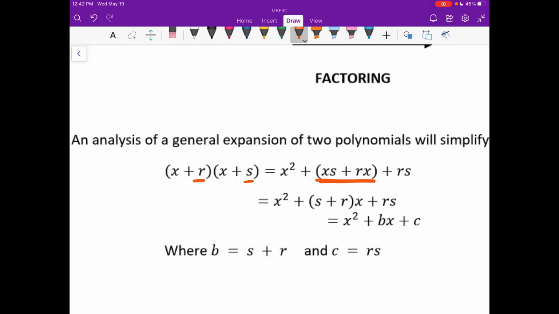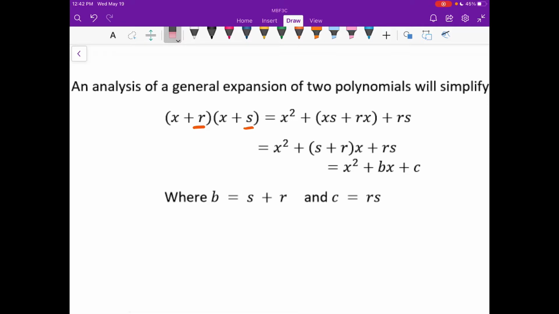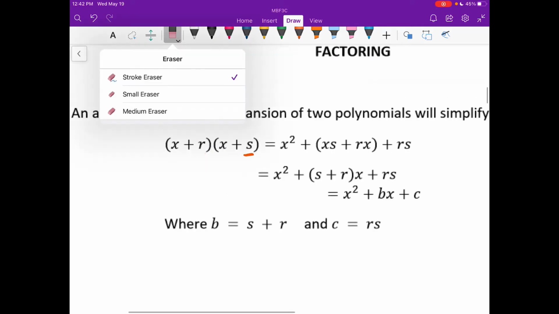You know when we collect those like terms when we expand a binomial, that's what the x times s and the r times x become. So when we expand it, it becomes x squared plus sx plus rx plus r times s, right? So think about it when we're doing this.